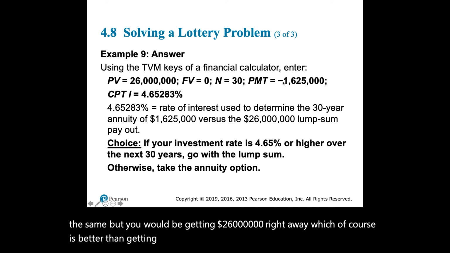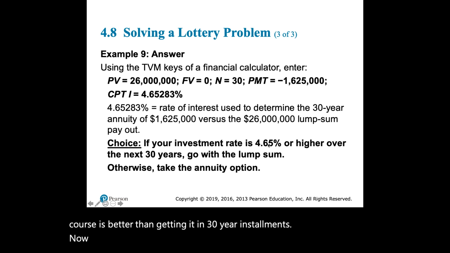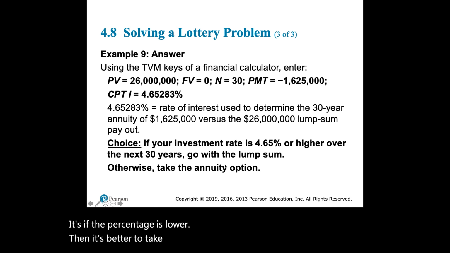Now, if the percentage is lower, then it's better to take the annuity option because that means that the present value of the annuity would actually increase. So that would be higher.